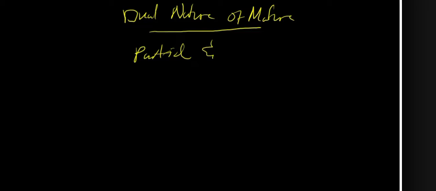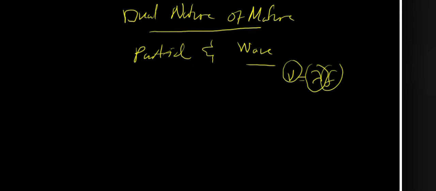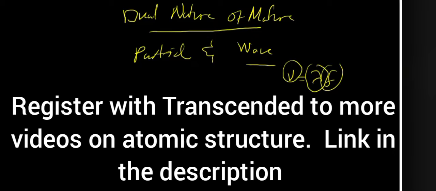So that is what we call dual nature. It can exist in two forms. We know that a wave has some characteristics such as velocity, which is given by wavelength times frequency. So these are the three characteristics of a wave. Every wave should have velocity, wavelength, and frequency.